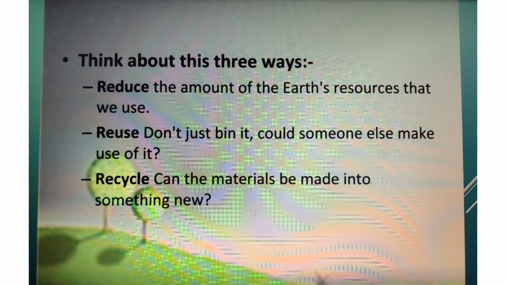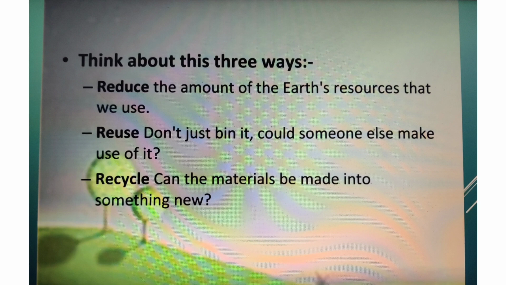So these are the 3 points we have to bear in mind, or society has to bear in mind, while creating new products. So reduce the usage of resources, reuse the product for another purpose, and recycle the product after its life cycle to make something new.